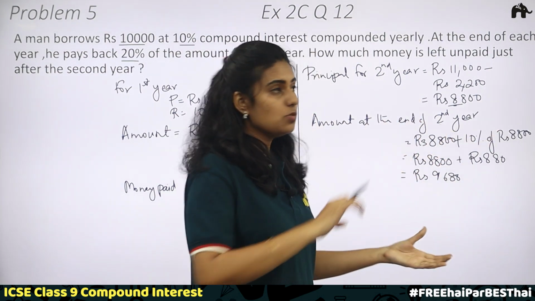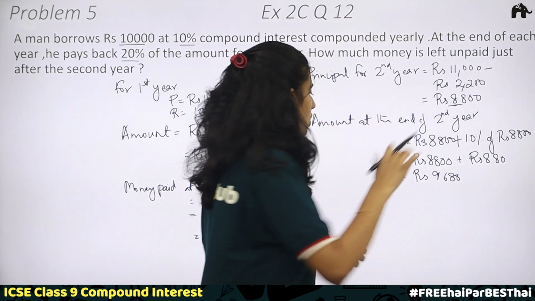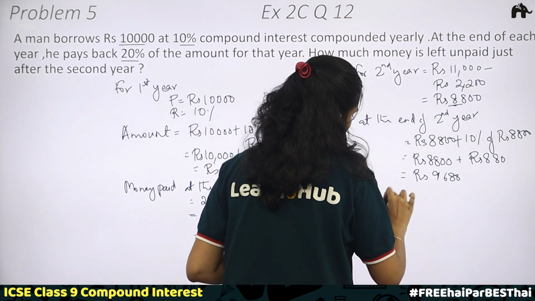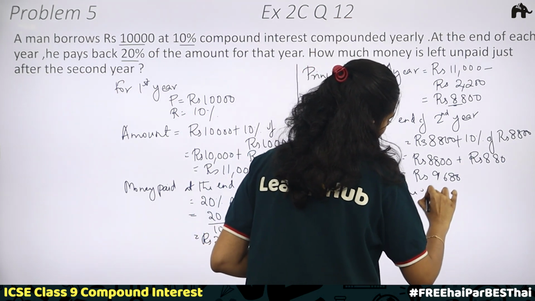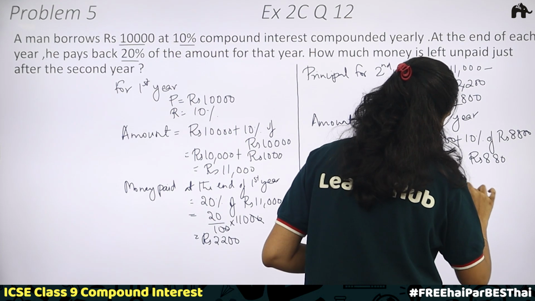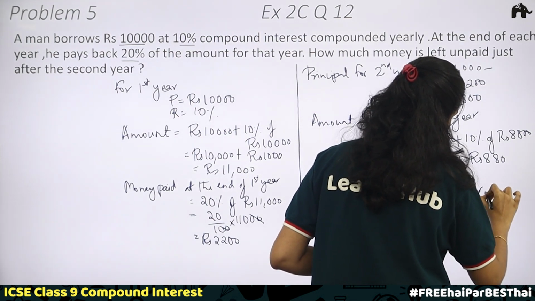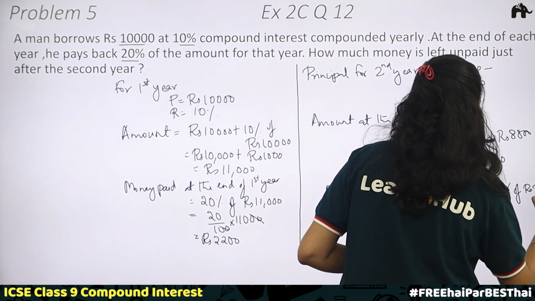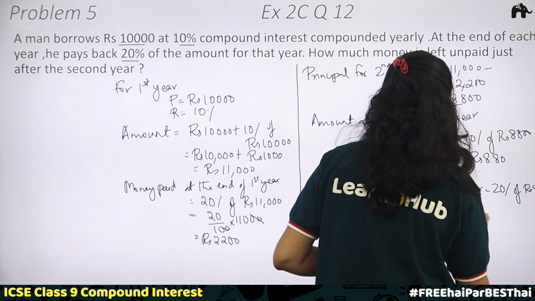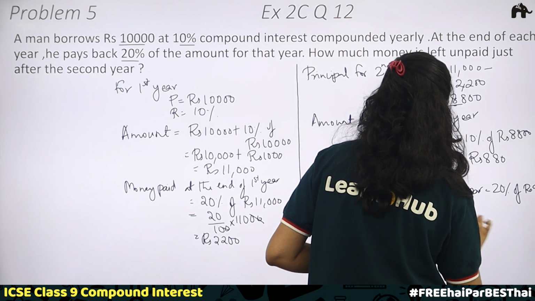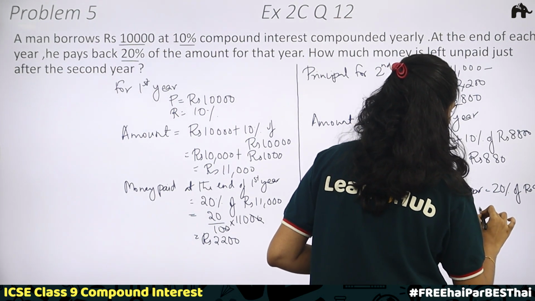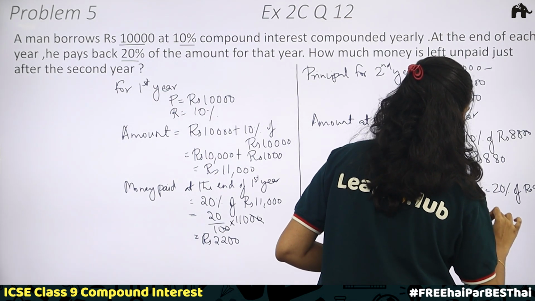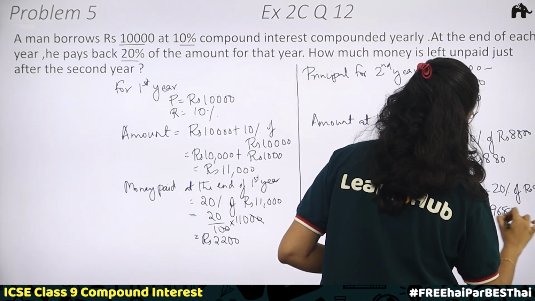Now again what happens? 20% is paid to the bank. Okay, so money paid at the end of second year is equal to 20% of rupees 9,680, which is 20 by 100 into rupees 9,680.